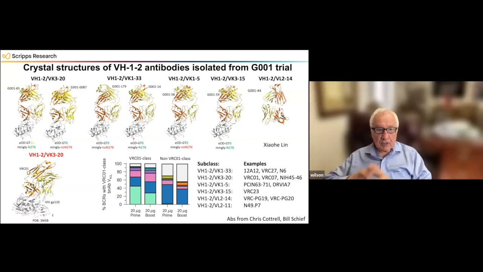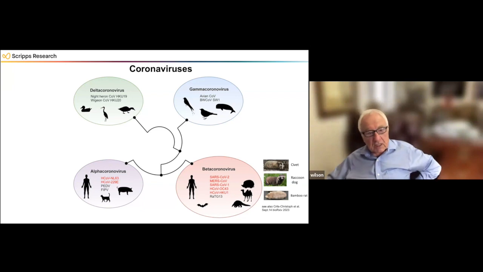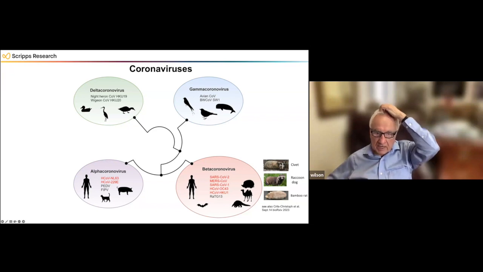For the last example, let me talk a little bit about coronaviruses. There are different types of coronaviruses: alpha, beta, gamma, and delta. The ones that we have to worry about for human infection are alpha coronaviruses, where there are two seasonal ones in this class, and then this larger class of beta coronaviruses, where we've got two seasonal ones, SARS-1, MERS, and SARS-2.